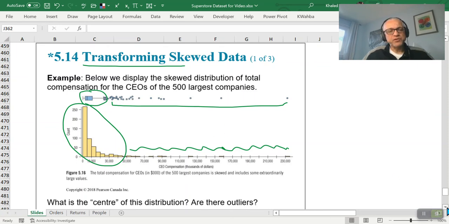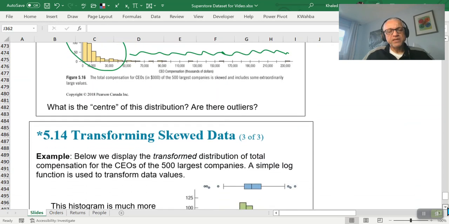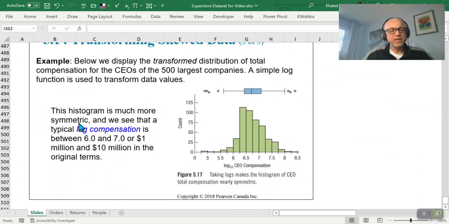What would happen if we transform our data? In fact, for this data we're going to use a logarithmic transformation. This is how you transform your data: you take the number and take the logarithm of this number. And if you remember some math from high school, you know the logarithm takes high numbers and turns them into smaller values. And this is what happens.